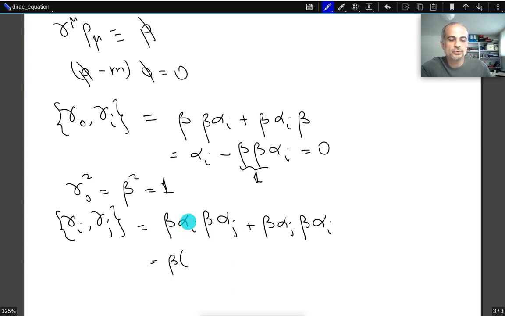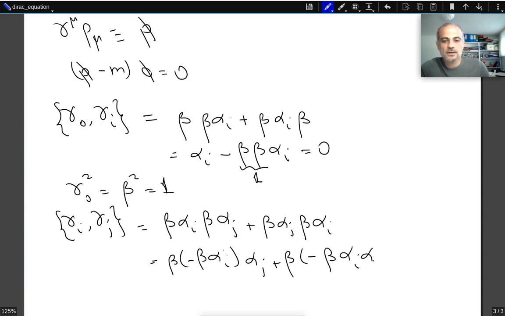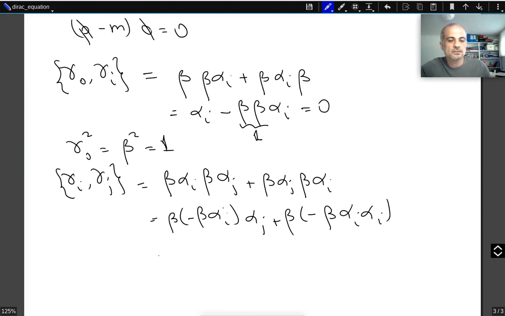Let me anti-commute these two, giving minus β β α_i α_j, and anti-commute these two, giving minus β β α_j α_i.